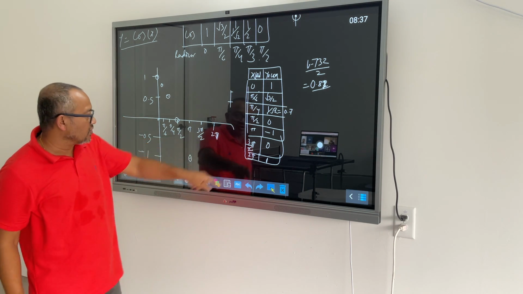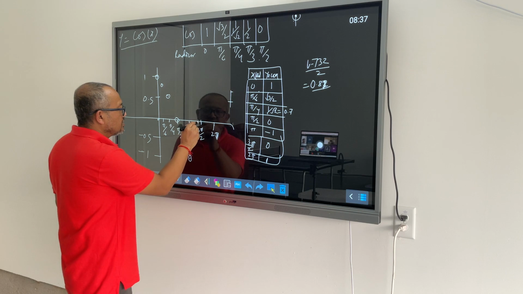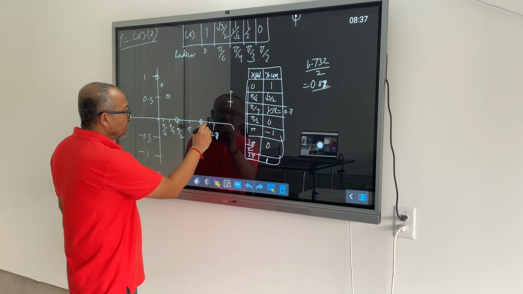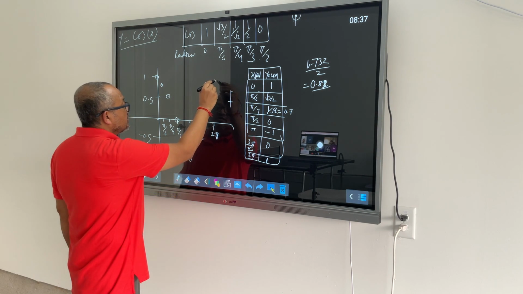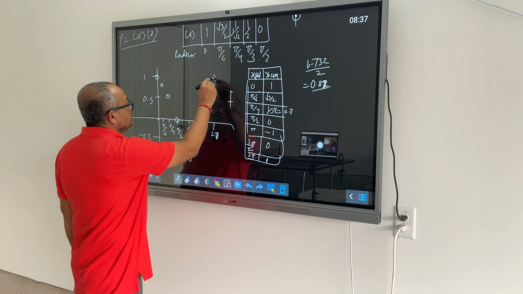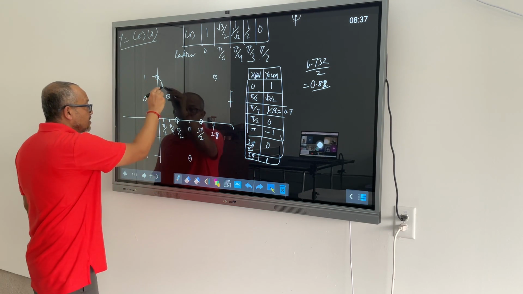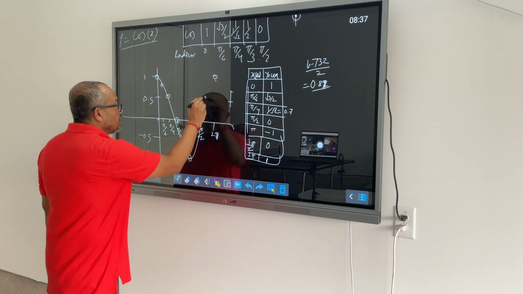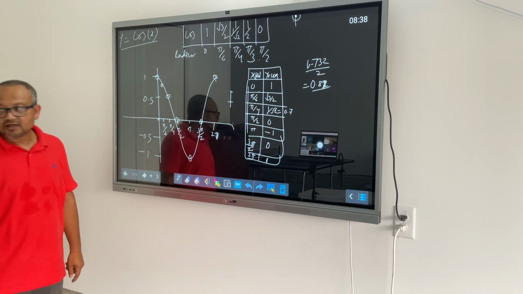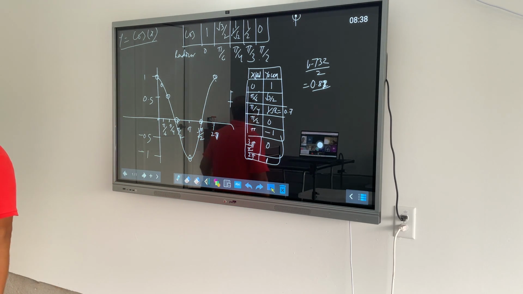And then 3 pi over 2 became 0 again. And for 2 pi, it became 1. Here somewhere. So if I do a freehand drawing and I join these points, this is my cosine plot or graph of cosine function.